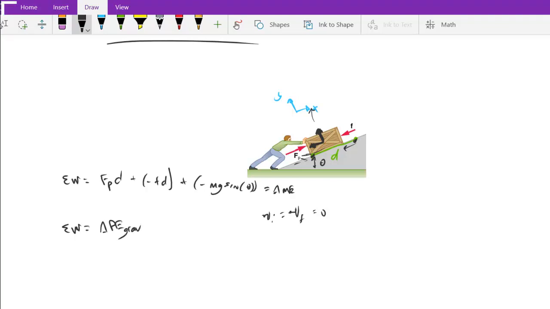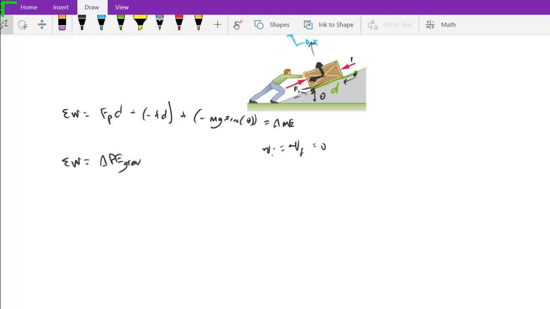I won't finish up the whole thing here, but this means that we have the force of the push times the displacement, minus the frictional force times displacement, minus mg sine theta, is going to be equal to mg, and then the height would just be the vertical height that comes in here. So it went from here to here, and so this is h.